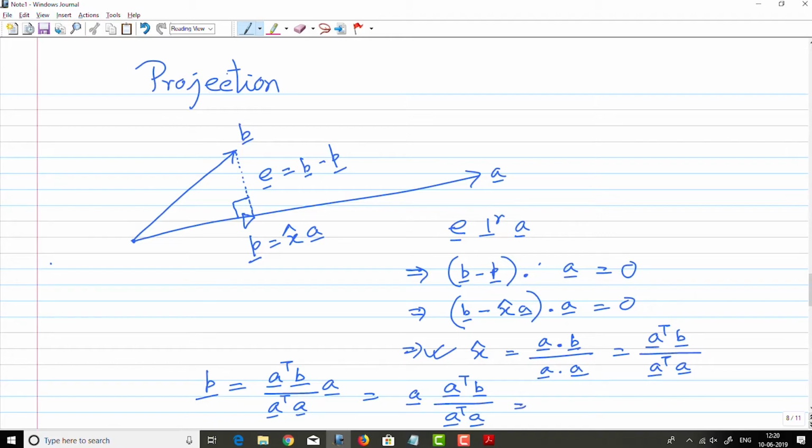Now what you can do is also take this operation A transpose by A transpose A on B.